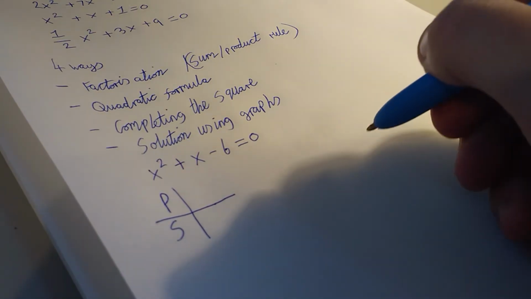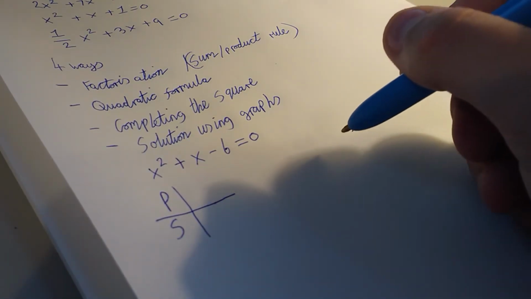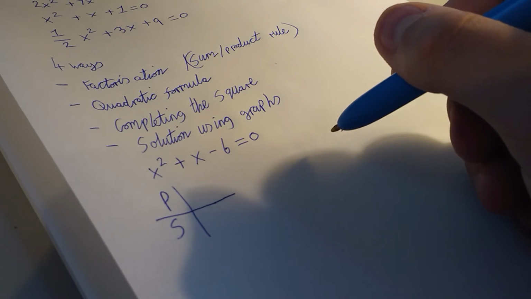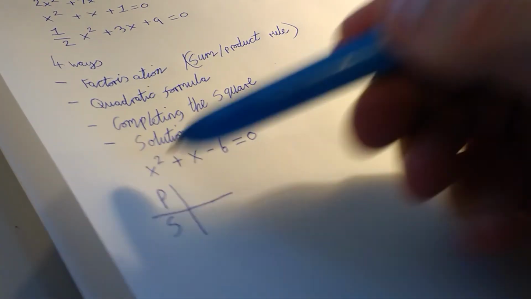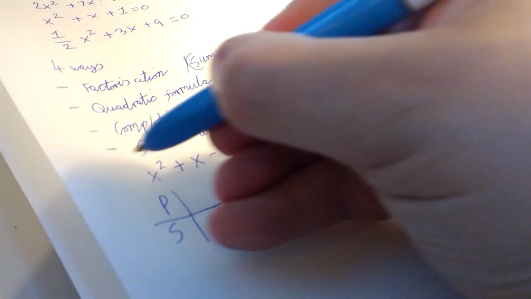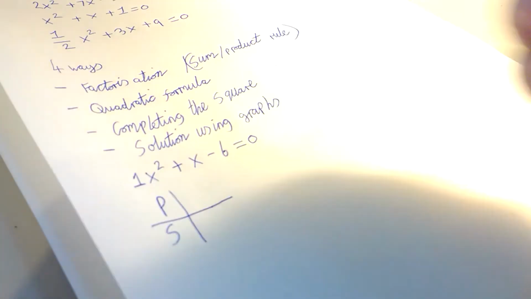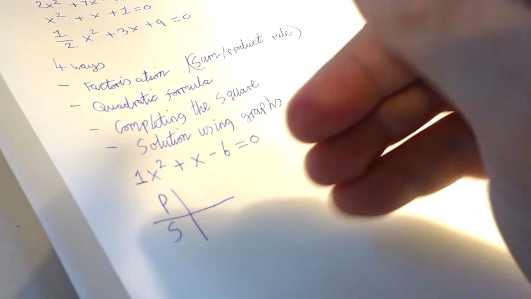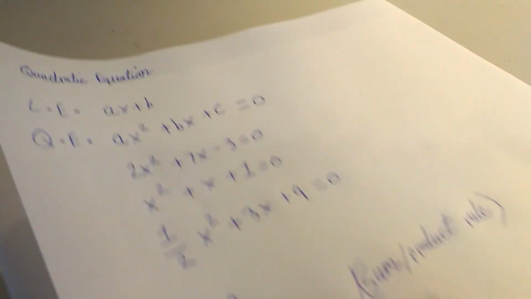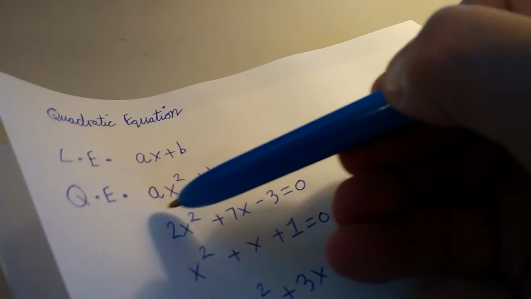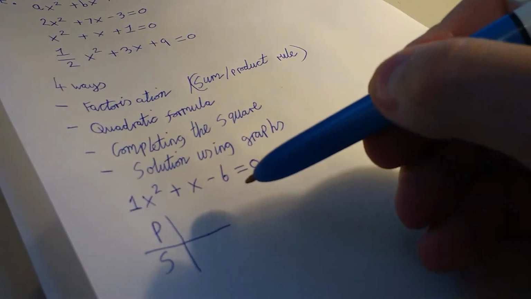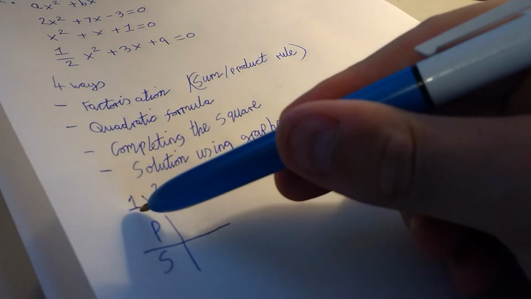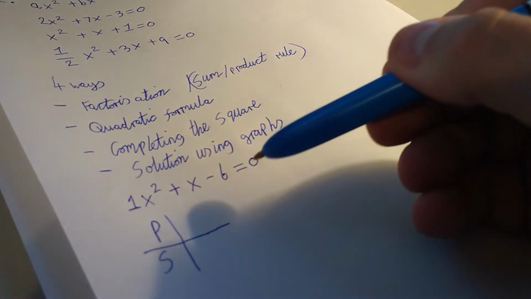So let's draw our product and our sum table. Now, product means the product of the A and C term. If we look here, our A term in this case, because it's just x squared, is 1, the same as writing 1x squared. Back up here, if we look at our general formula, the product term is the product of the A term and the C term.